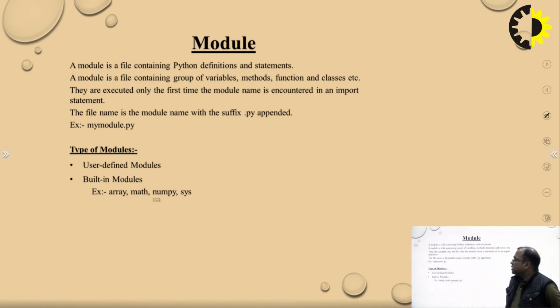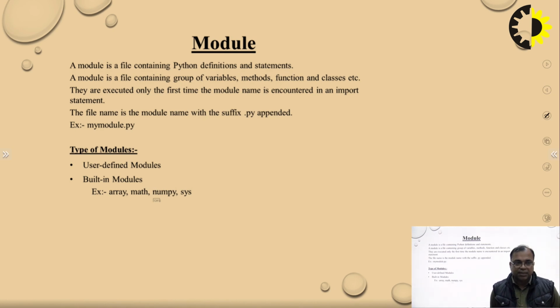Now next, types of modules. We have two types of modules: user defined modules and built-in modules. We can also define our own module, that is the user defined module. Next is built-in modules. A built-in module is inside the library of Python.